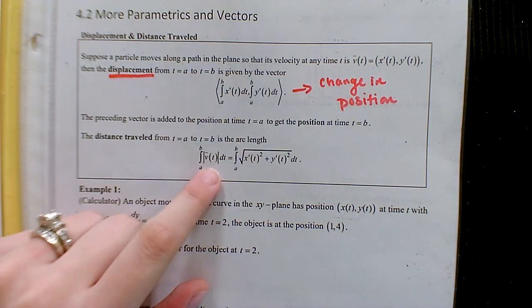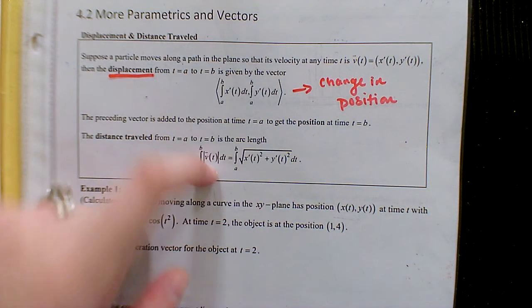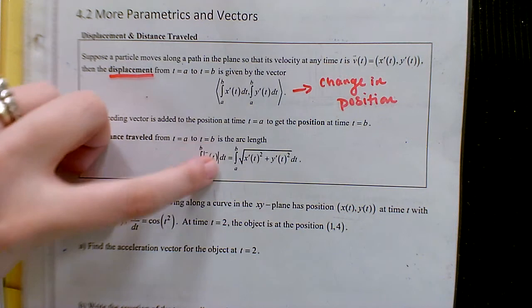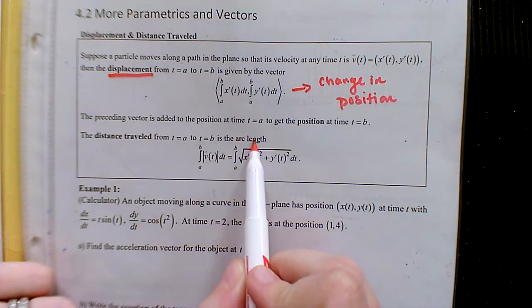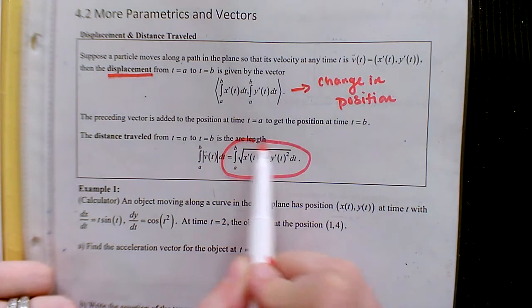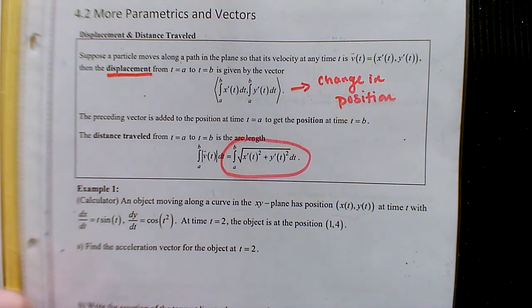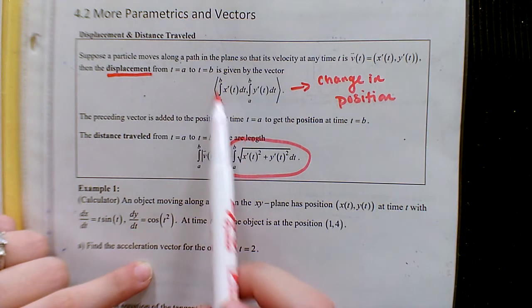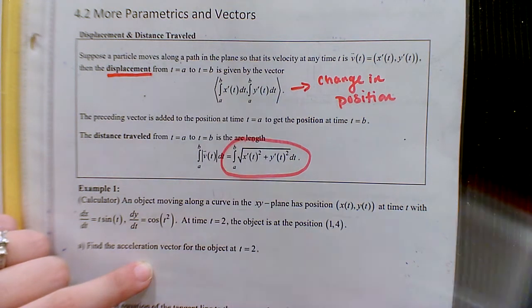Total distance, on the other hand, is when you integrate velocity with absolute value, because we don't really care about negative velocity, meaning traveling to the left. We just care about the numbered value itself. That's why we put the absolute value bars. And we talked about this distance traveled last week. Remember how that came from the Pythagorean theorem? Does that look familiar? So when it's asking for a particular position, perhaps, we're just going to integrate the individual derivatives.